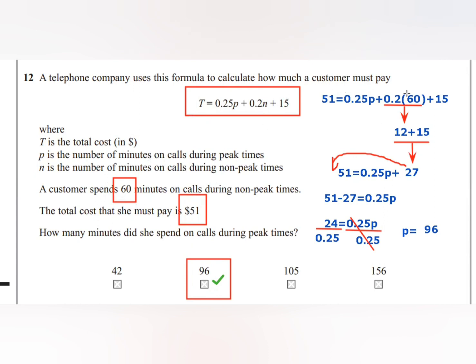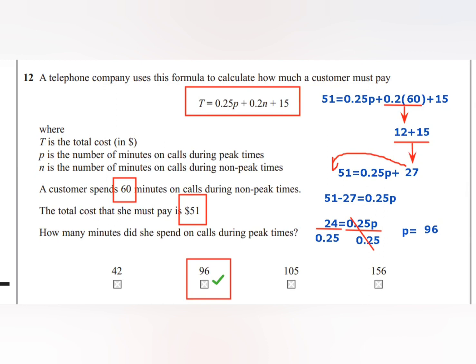Then I worked this out, I got 12, and I added 15, it's going to be 27. I took 27 to the other side by subtraction. I got 24 here, and then 24 equals 0.25 P. I divide both sides by 0.25, and then P equals 96, and this is how I answer a question like this. Now let's move on to the next question.